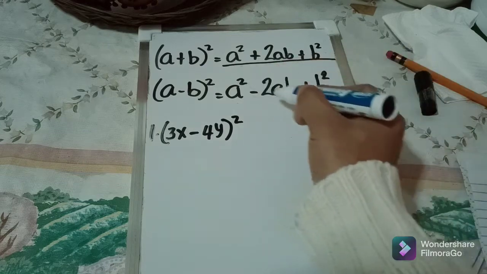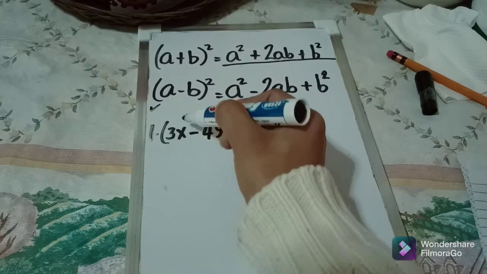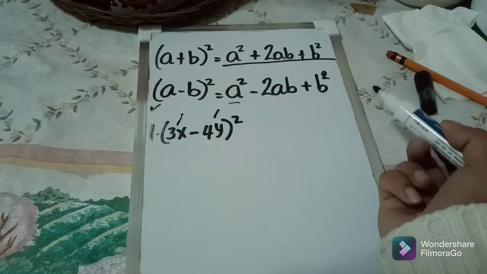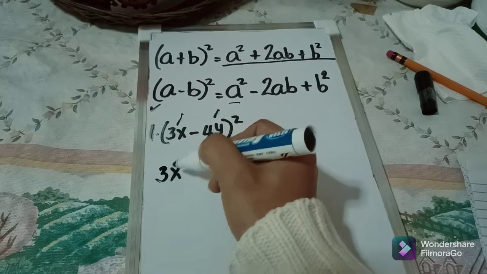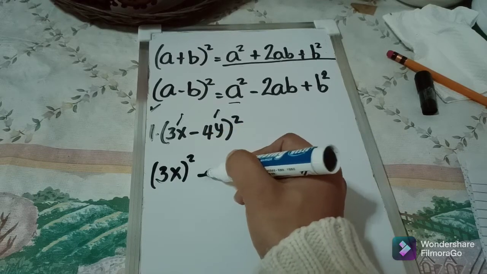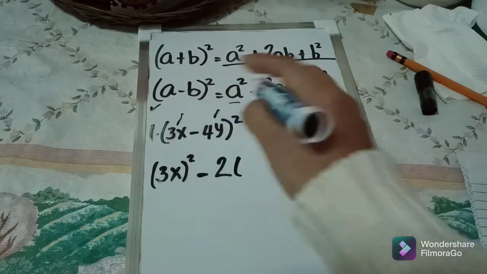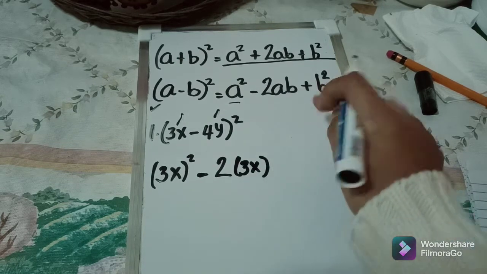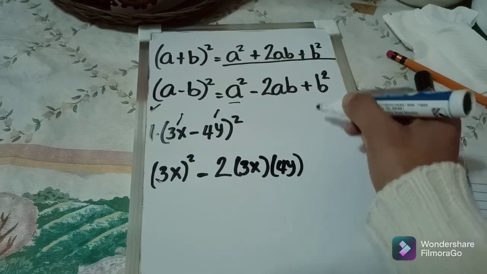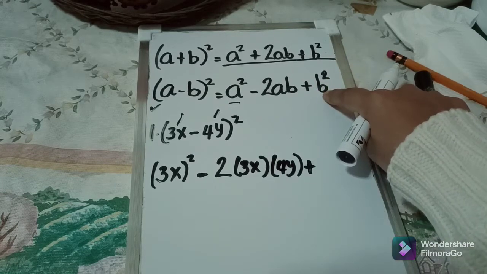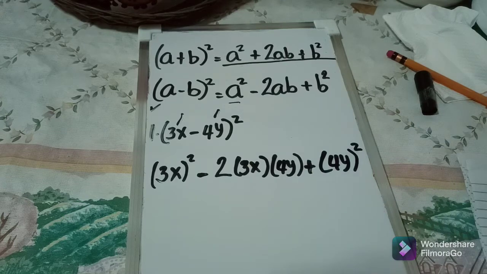We will use the minus formula. Our solution is a squared minus 2ab plus b squared. This is our a, which is 3x, and this is our b, which is 4y. So we have (3x) squared minus 2 times (3x) times (4y) plus (4y) squared.